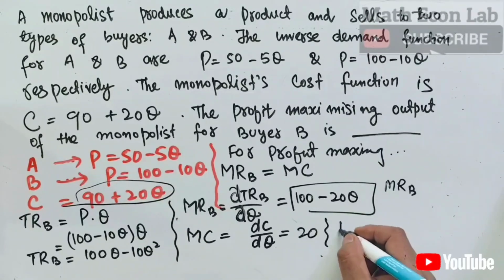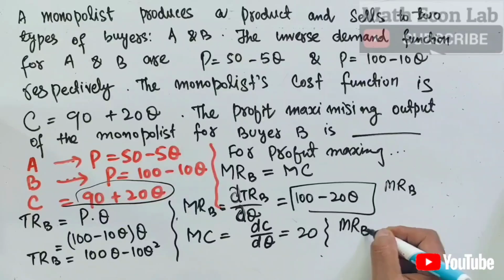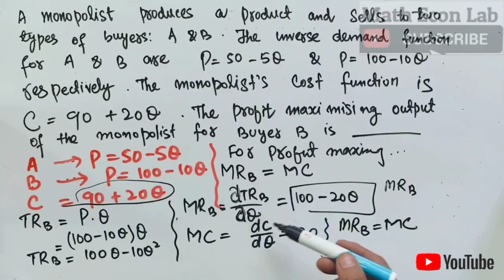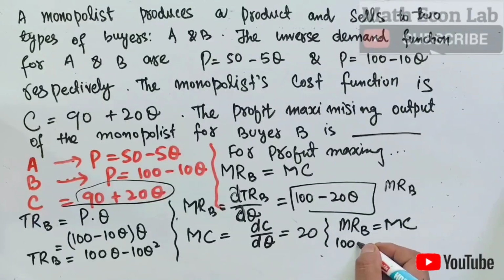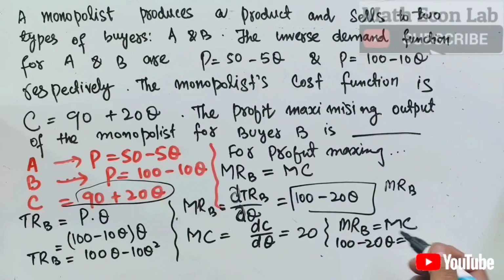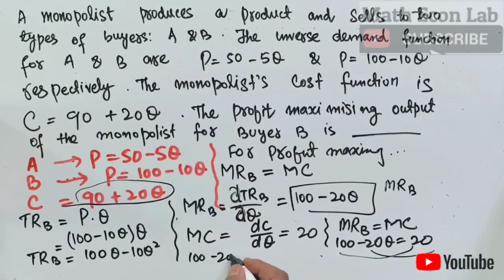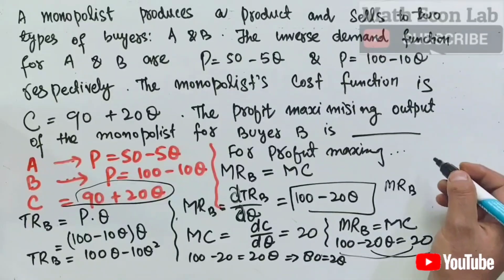Now equating marginal revenue with marginal cost. Marginal revenue is 100 minus 20Q, and the marginal cost we got is 20. Solving further, we transpose terms, so we get 100 minus 20 is equal to 20Q, which implies 80 is equal to 20Q.